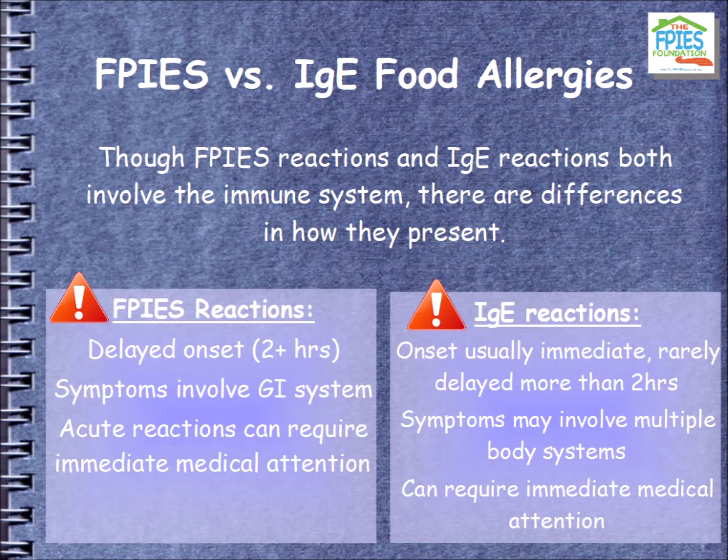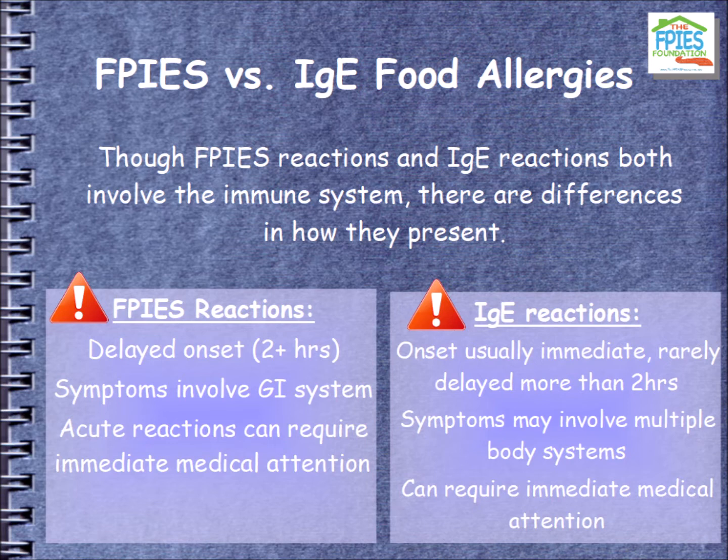So let's talk about the differences between FPIES and IgE food allergies. Though FPIES reactions and IgE reactions both do involve the immune system, there are differences in how they present. When you look at an FPIES reaction, the hallmark really is the delayed onset, which is generally 2 or more hours following the ingestion of a food.